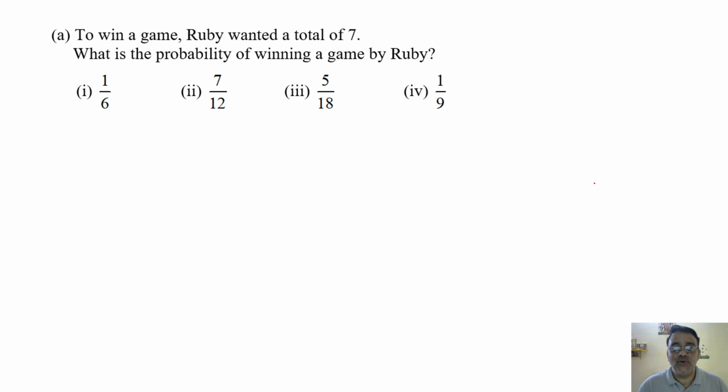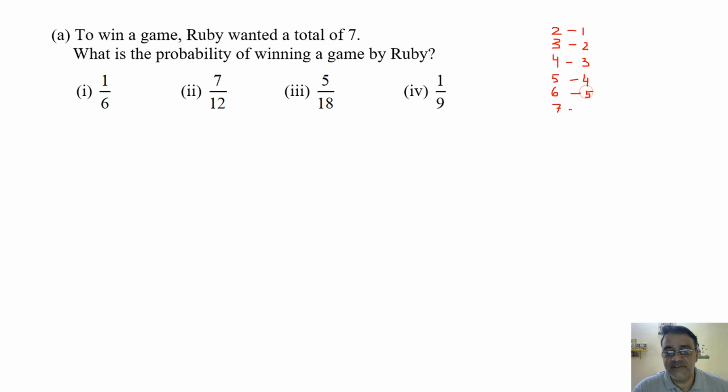To win a game, Ruby wanted a total of 7. What is the probability of winning a game by Ruby? So for sum 7, I told you to remember this trick. Keep writing 2, 3, 4, 5, 6, 7, 8. Now sum 2 comes 1 time, sum 3 comes 2 times, sum 4 comes 3 times, sum 5 comes 4 times, and sum 6 comes 5 times.